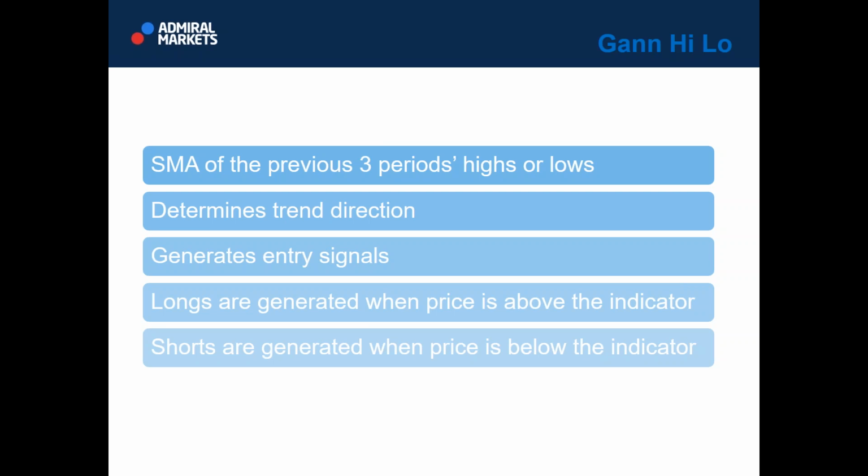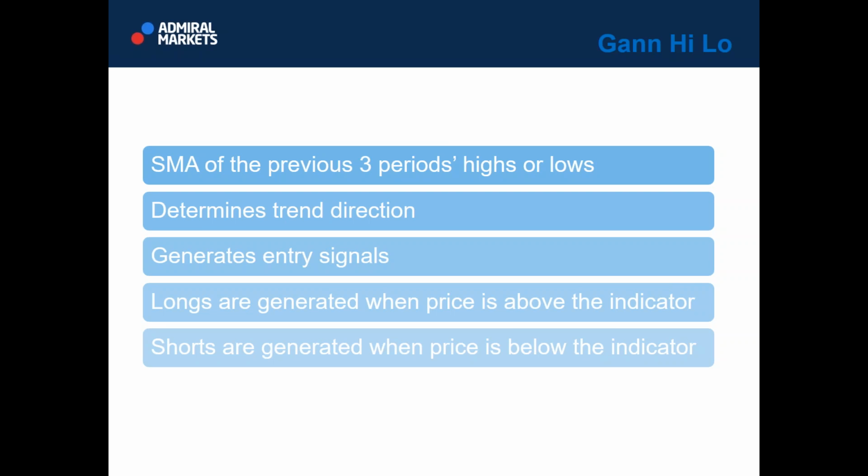It also determines trend direction, because when price is above the Gann high-low indicator, we say that the price is bullish, and when price is below the Gann high-low indicator, we say that the price is bearish.